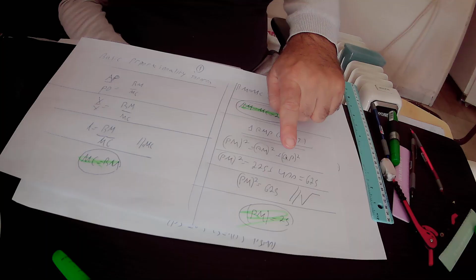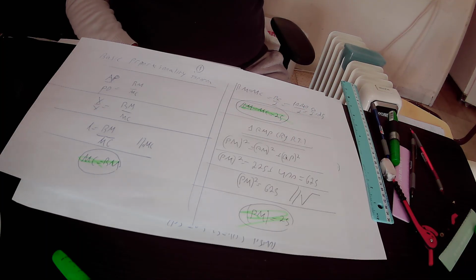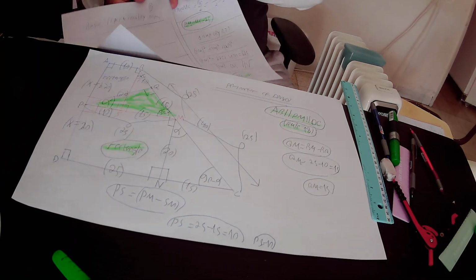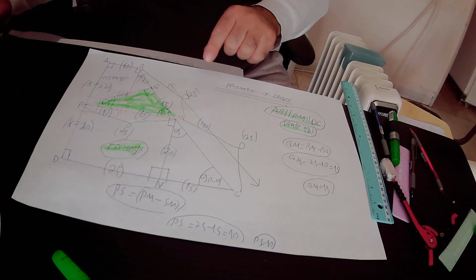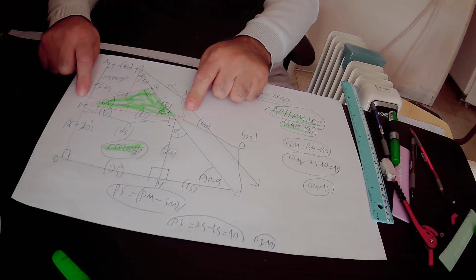So PM squared equals 625. Here we took the square root of both sides of this equation and found that PM equals the square root of 625, that is 25. This is the missing hypotenuse PM, which equals 25 units in length.